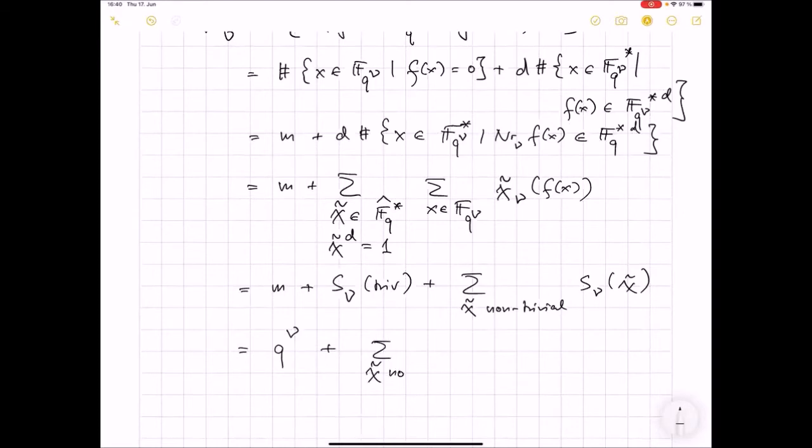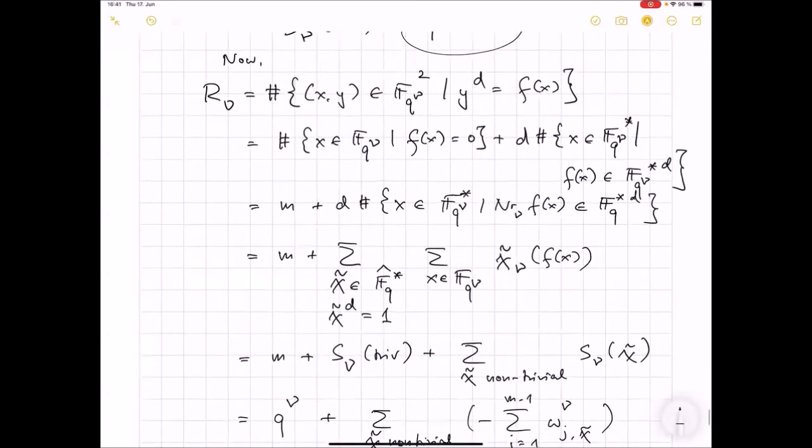So chi tilde non-trivial. And we know what these S_ν's are. They are certain sums. So minus the sum j from 1 to m minus 1 of omega_j chi tilde to the power ν. Okay, as long as we don't know anything about the omega_j's, this is totally pointless.